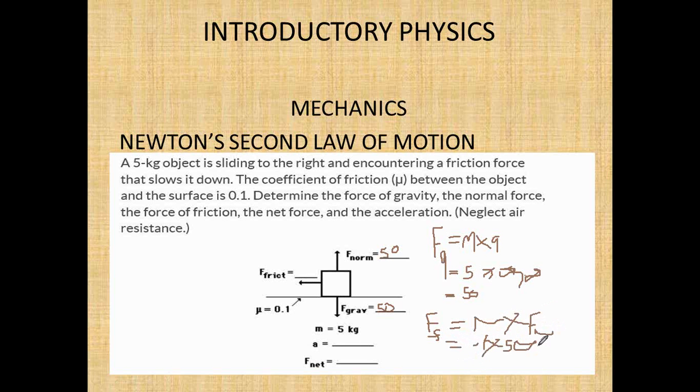So 0.1 times 50 is 5. So your force of friction, which is to the left, is 5 newtons. So we determined that the net force is the same as the force of friction, which is to the left, and then they ask us to determine the acceleration.